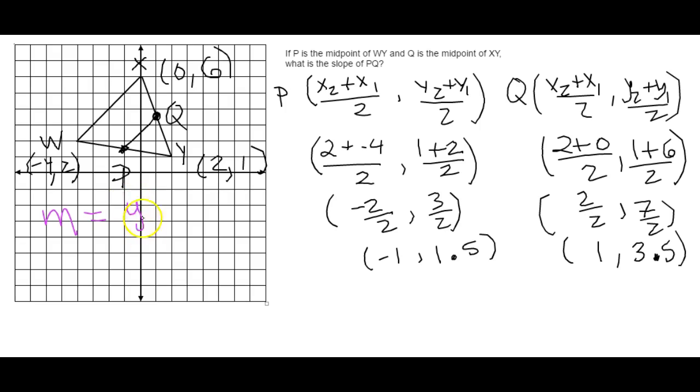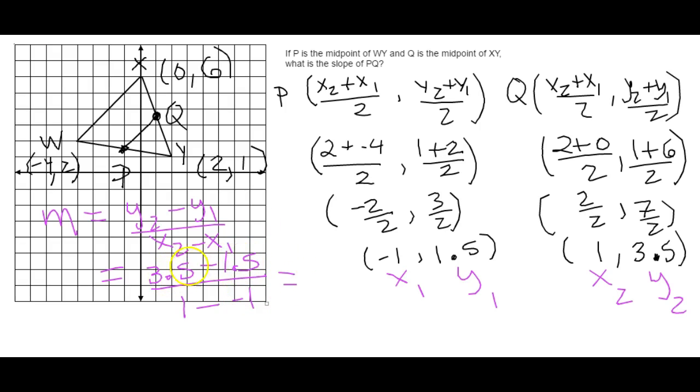Slope formula was y2 minus y1 over x2 minus x1. But now we're using the P and Q coordinates. So our first point is P, our second point is Q. y2 is 3.5, y1 is 1.5, over x2 is 1, and x1 is -1.